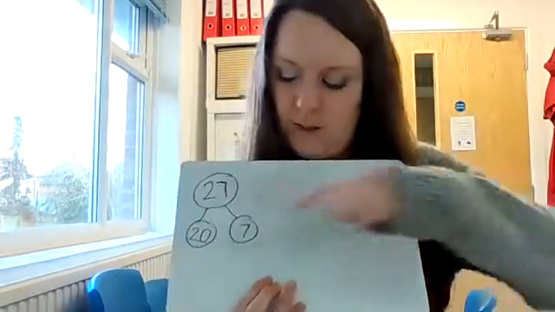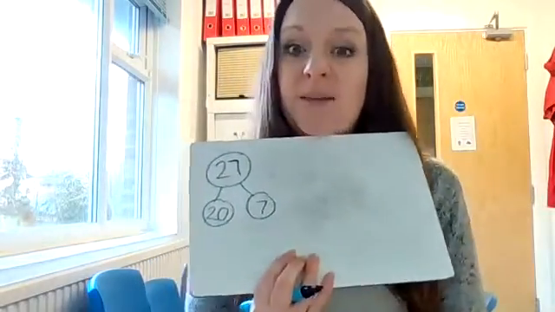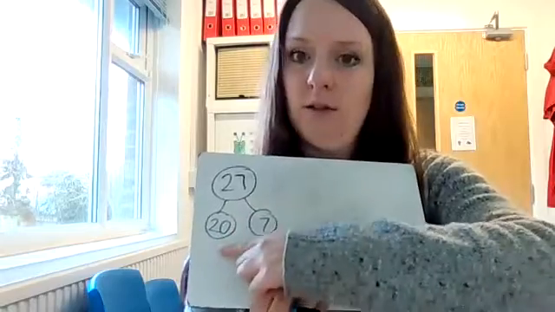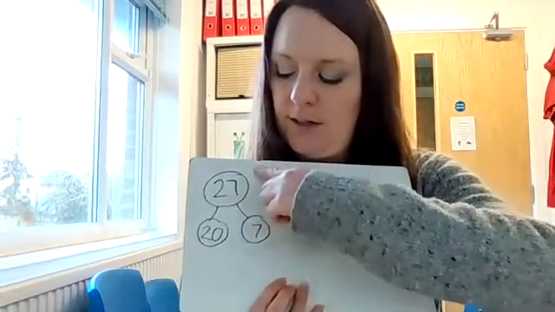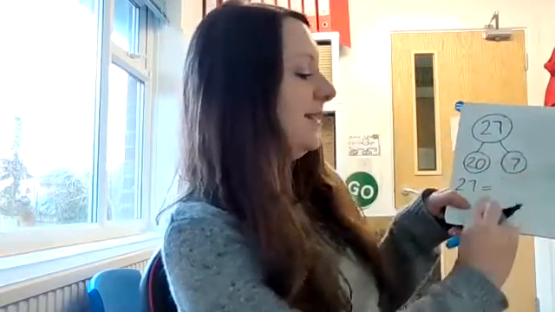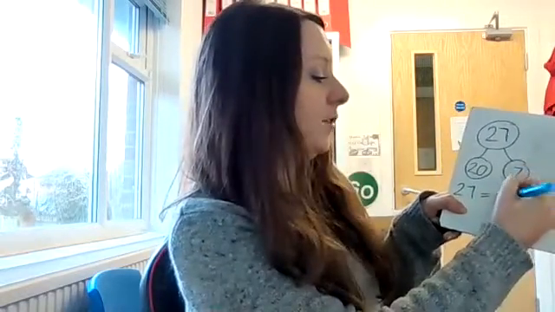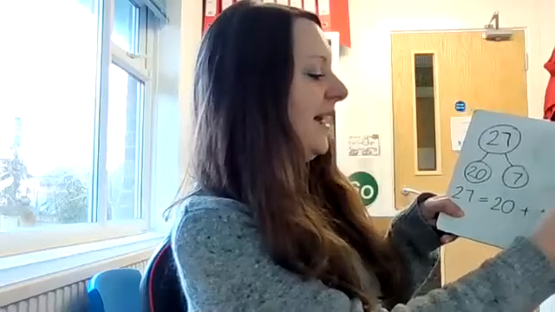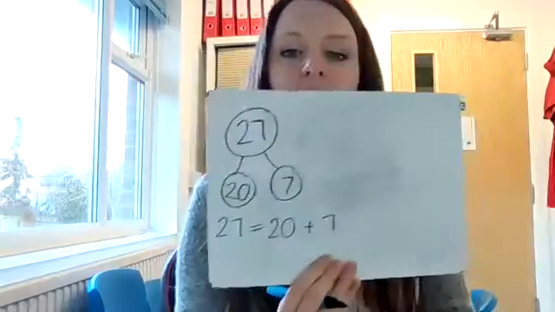So I can write 27 when I'm thinking about place value as 2 tens, 20 and 7. And when we write it, we write 27 is the same as, is equal to, 20 and add 7, like this. If you wrote it like this, it is also correct.